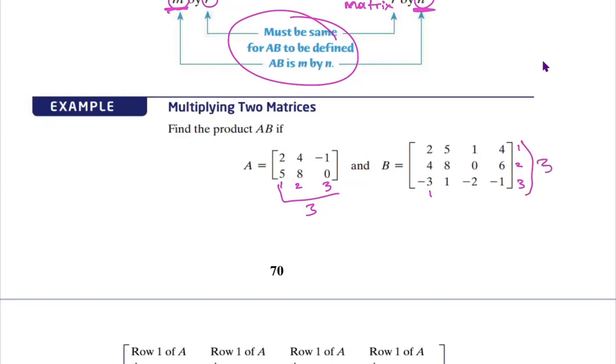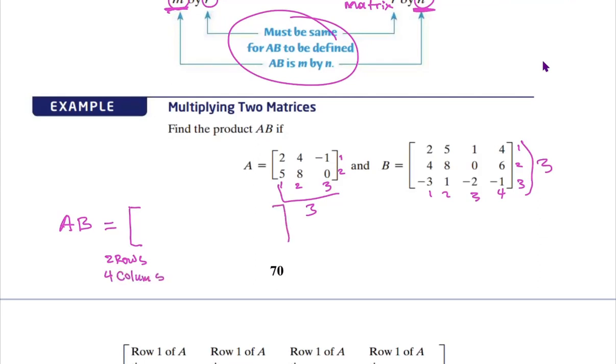We expect a result that has 2 rows, the number of rows of the first matrix, and the number of columns is 1, 2, 3, 4, so 4 columns.